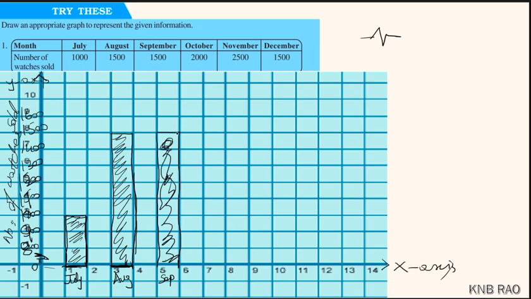This is how we will do it. Continuing further, we can plot the graph for the rest of the months, that is October, November and December. So let's go for the second question which I have given as homework.